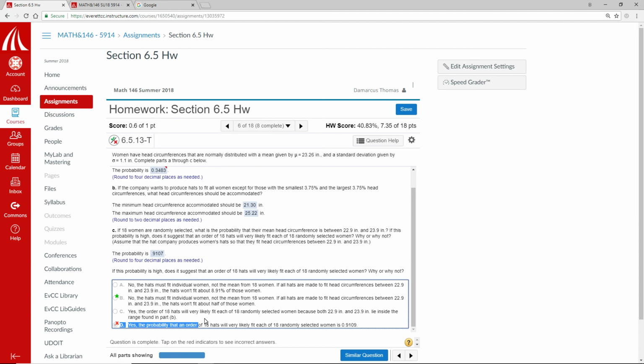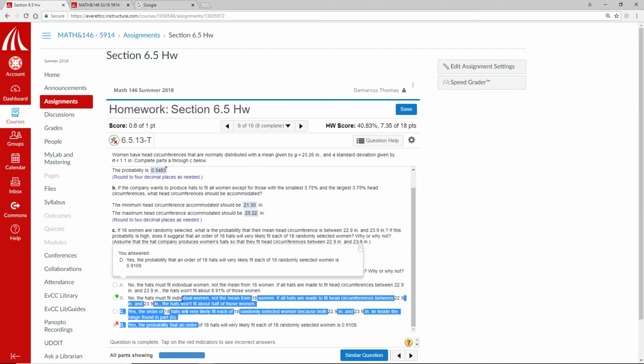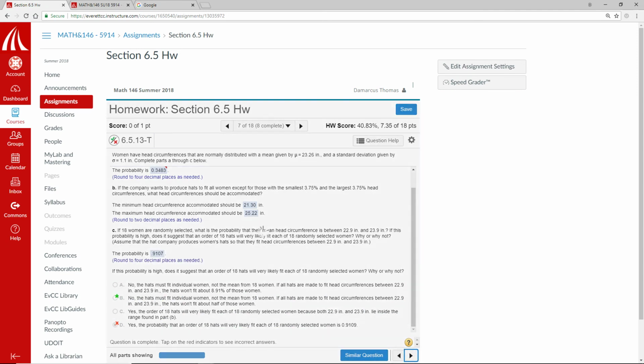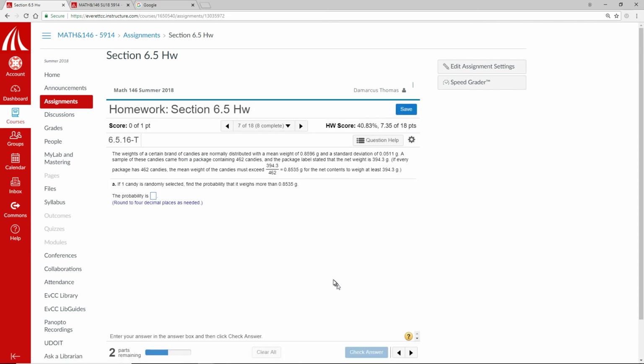If all hats are made to fit head circumferences between 22.9 and 23.9, the hats won't fit about half of those women. Okay. We didn't read that last question carefully enough, but you saw the answer now.